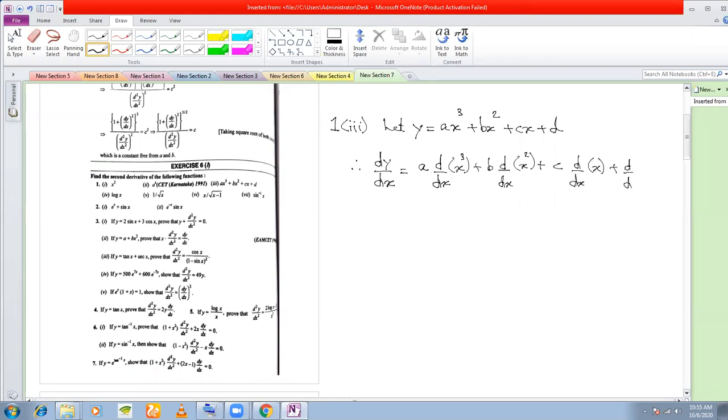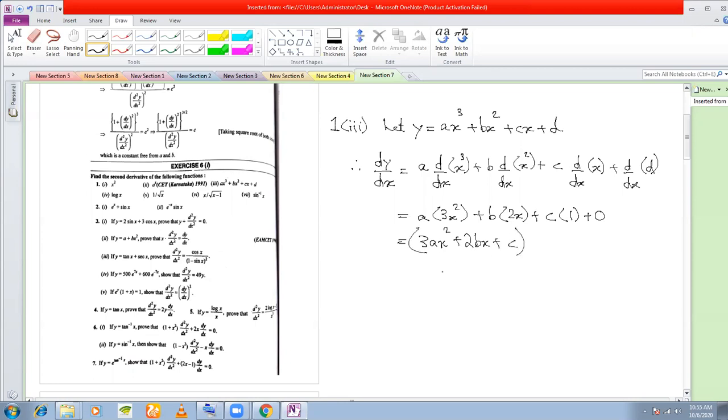And d is a constant whose derivative will be 0. So a times derivative of x cube is 3x square, and b times derivative of x square is 2x. Derivative of x is 1, and this is 0. So ultimately we get 3ax square plus 2bx plus c.